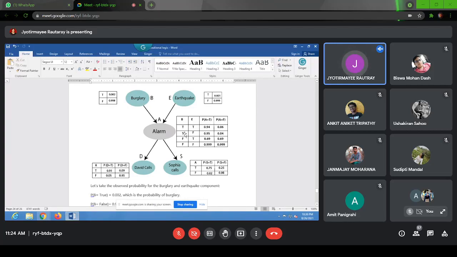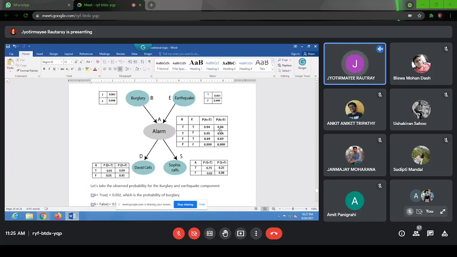In case of true and false, if the alarm sounded with probability 0.95, it should be 0.05. By mistake I have written it wrongly here.